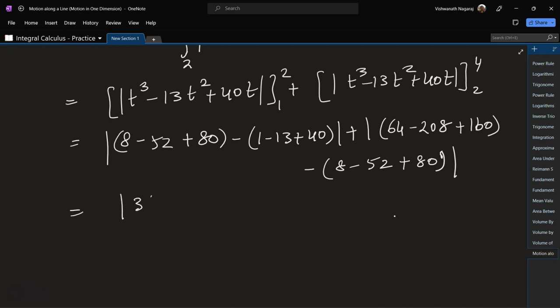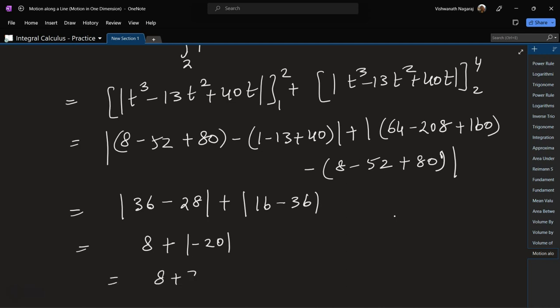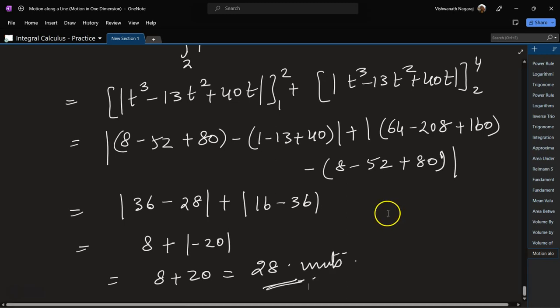We get the absolute value of 36 minus 28, plus the absolute value of 16 minus 36. 36 minus 28 gives us 8. The absolute value of 8 is 8, plus this gives us minus 20, which gives us 8 plus 20, which is 28 units. So that is the distance.